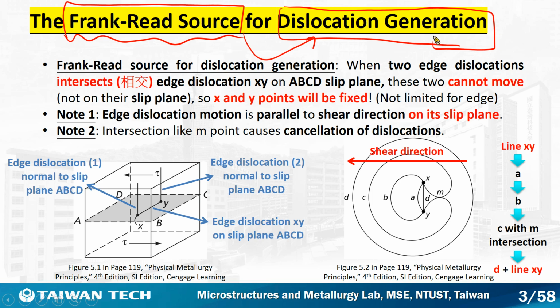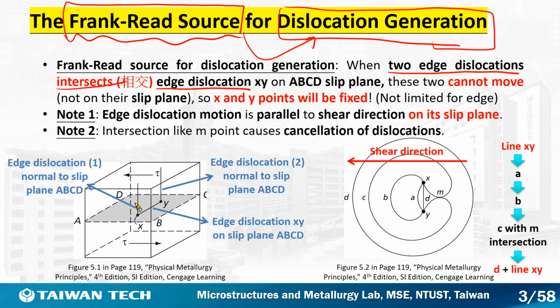So what is Frank-Read source? When two edge dislocations intersect another edge dislocation, then it will cause a phenomenon. We will talk about it here. Intersect is what we learned about in chapter 1, right?